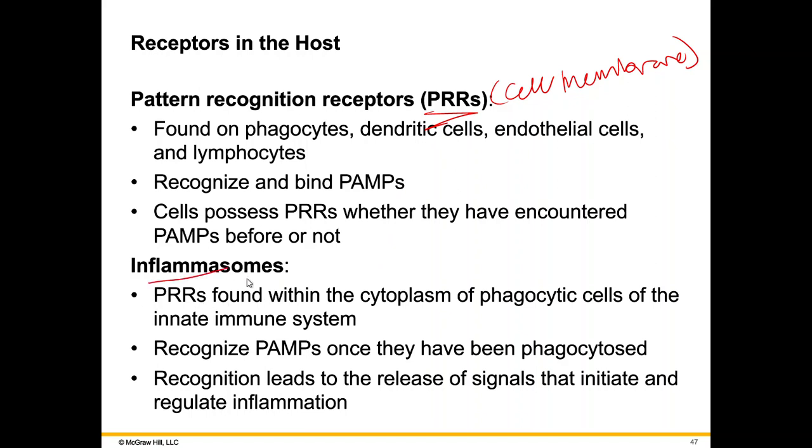The inflammasomes, on the other hand, are found within the cytoplasm inside of the phagocytic cells and can initiate an immune response. When they recognize any PAMP that has been phagocytized, it will lead to the release of chemicals that will initiate some other response to help regulate inflammation, hence why they're called inflammasomes.